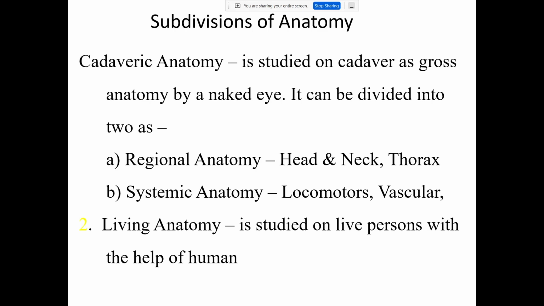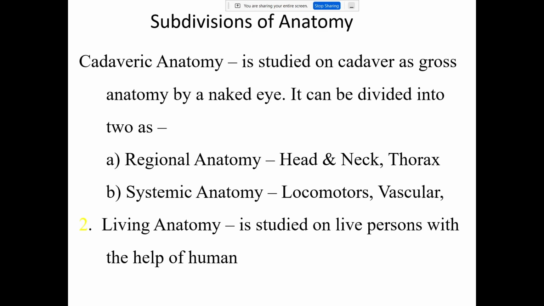A particular part of the whole body. For understanding purpose, the body is divided into 6 regions. That is, you already know, the 2 upper limbs, 2 lower limbs, and the middle part, that is head and neck, like that the 6 divisions.